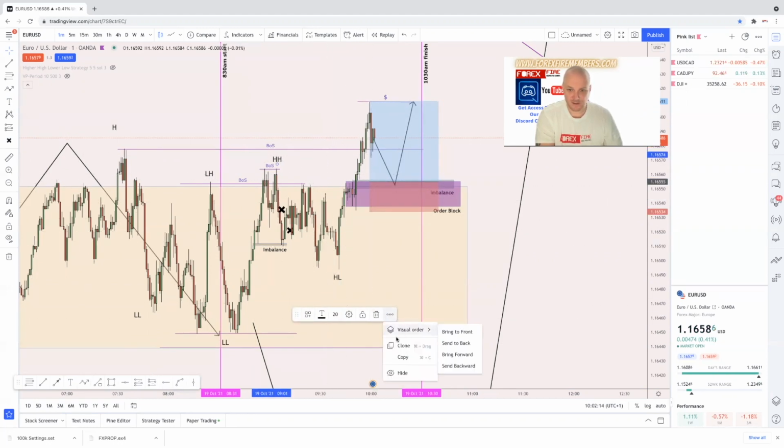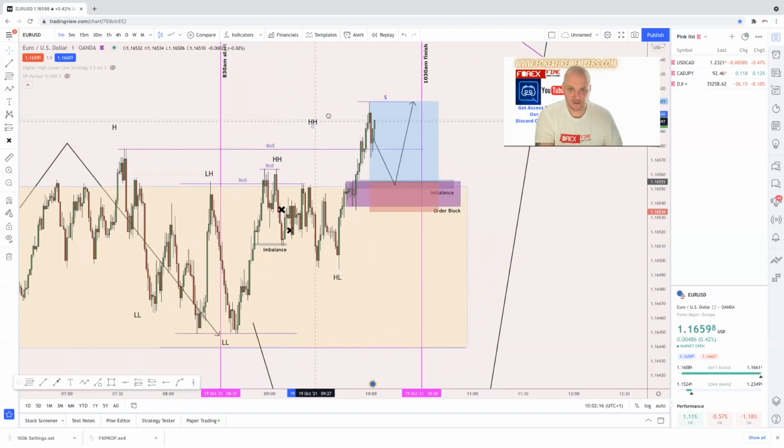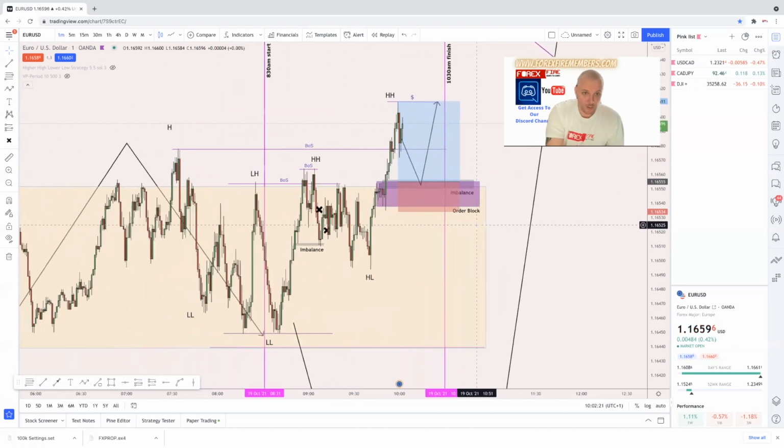We created certainly a higher high here as well. So we're going to have a rundown and a run through on what's happened.